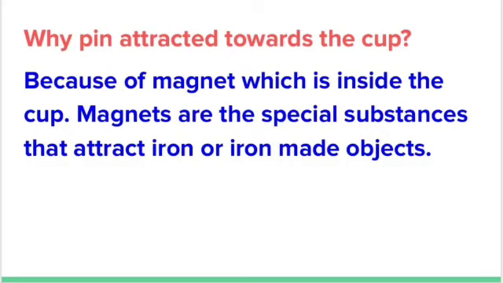Why? Because magnets are special substances that attract iron or iron-made objects. Because of this property of magnet, the clip, which is made up of iron, is attracted towards the cup. Okay, because of the magnetic effect.